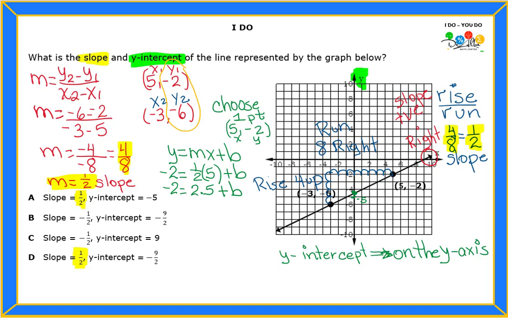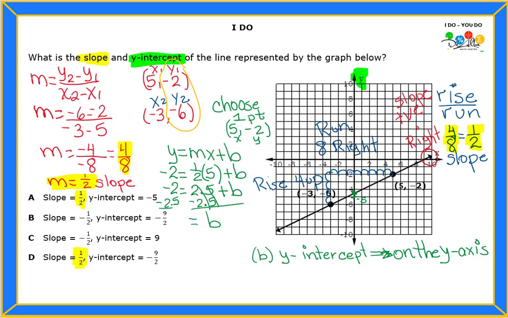Since I want to leave b by itself, I need to take away 2.5 on both sides. And that would cancel the 2.5 on my right, leaving b by itself. And let's see if you remember who's b. B is your y-intercept. Very good. I'm going to write down b over here. So y-intercept and b are exactly the same.